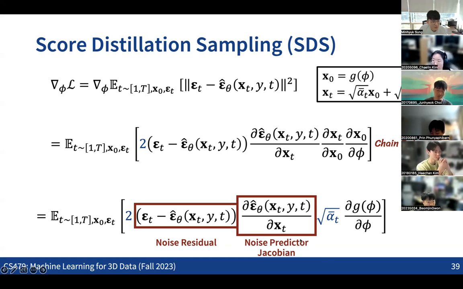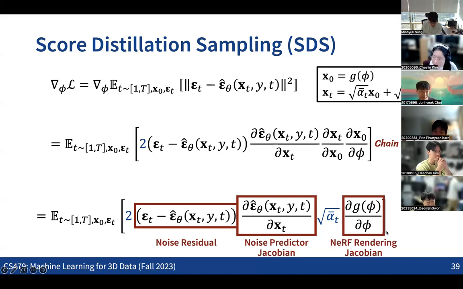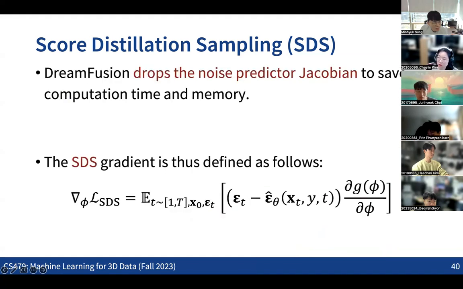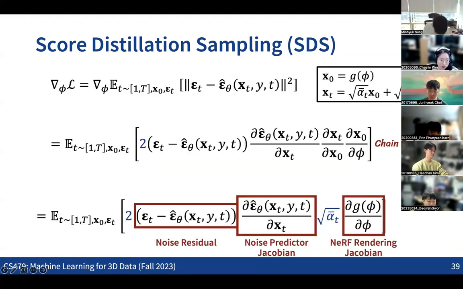So we have the decomposition through the chain rule, right? We have these three terms, and by computing all of these components, we can compute the gradient of the final terms and run the gradient descent. And practically, to reduce the computation time, people typically just drop this term.